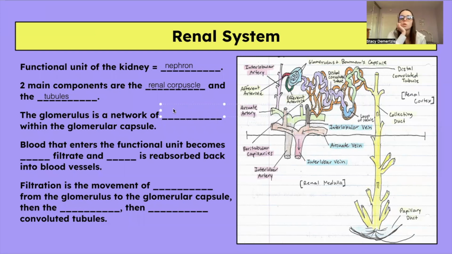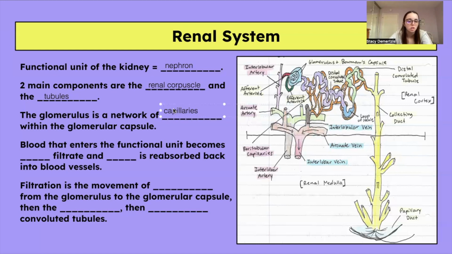What is the glomerulus made up of? Yeah, so we've got capillaries within the glomerulus, and then that's enclosed in the capsule.